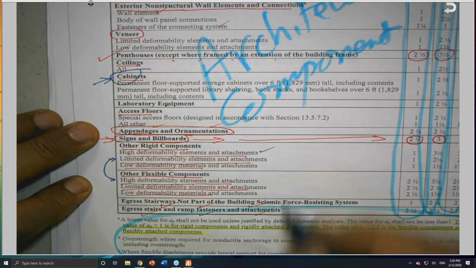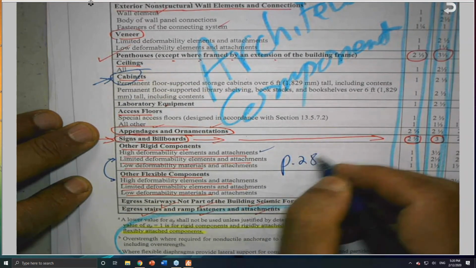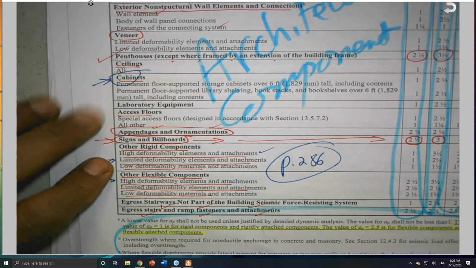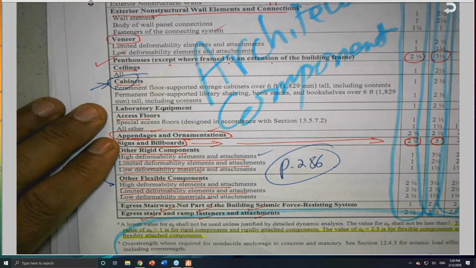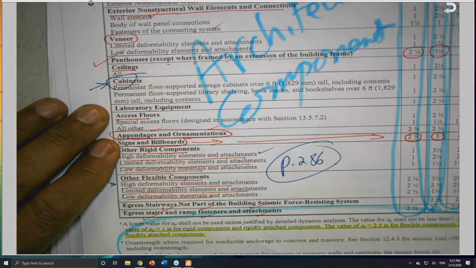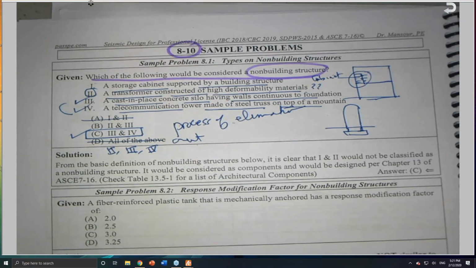This is what they do in the exam. They pick an item from any table and they insert it over there. So I need you to know that the item you look for should be in the table. Are you following me? If you see something that is not really obvious to you, or you never heard about it before, it could be one of these items. So in this case, I will search for it in the table. But again, the process of elimination is very okay. Any question about 8.1?